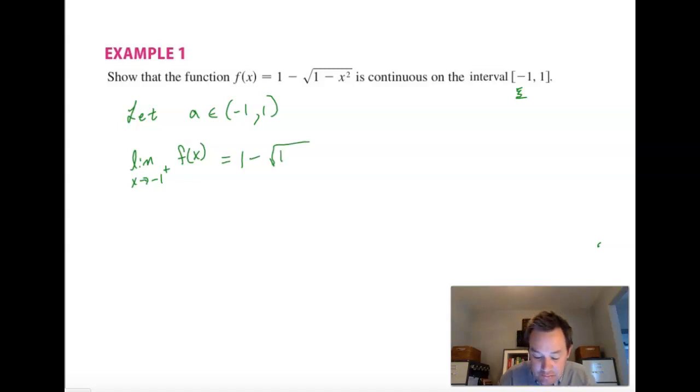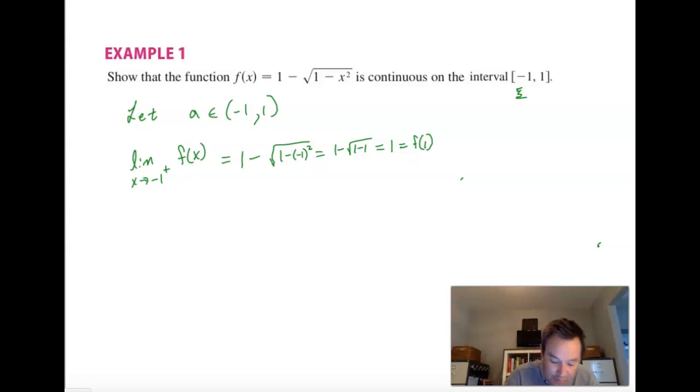So 1 minus the square root of 1 minus negative 1 squared, which is 1 minus the square root of 1 minus 1, which is 1. That is equal to f of 1, since all I did was a direct substitution. Thus, I've satisfied my definition of right-hand continuity at the endpoint.